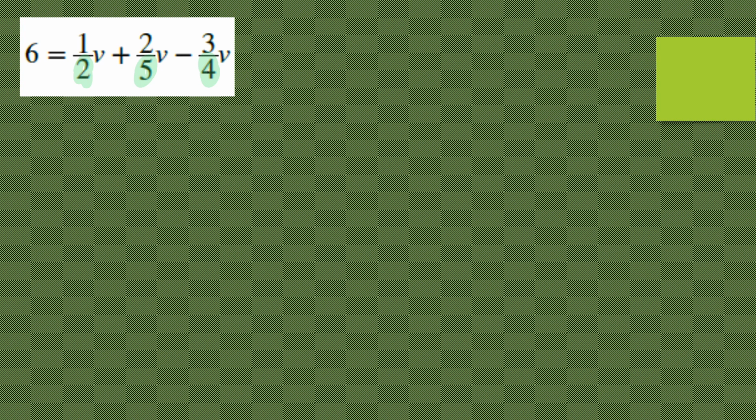Probably don't want to do that in highlighter. The LCM is 20. So I'm going to multiply both sides by 20. And again, I can treat that as 20 over 1, but you'll quickly see that if you multiply the bottoms by 1, the bottoms are just going to stay the same, right?